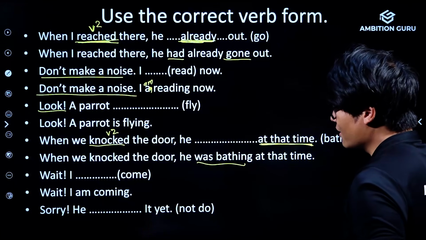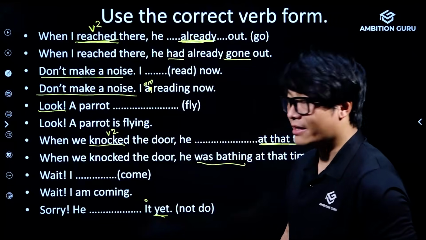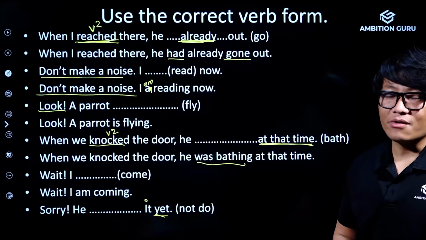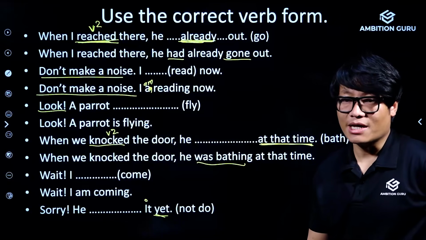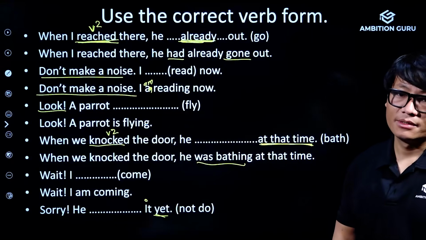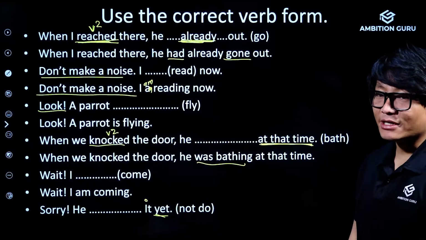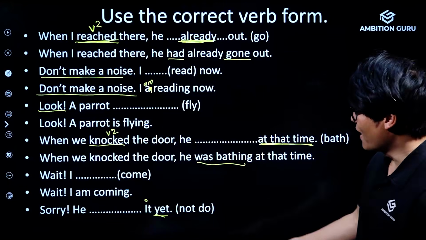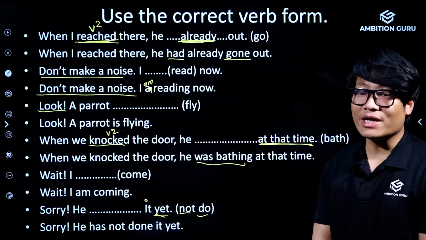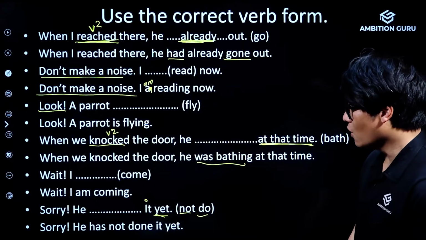Sorry, he dot dot dot it yet. Yet is here. Yeah, that's a beautiful answer. You can see the not and do. So the answer is: sorry, he hasn't done it yet, or he has not done it yet.